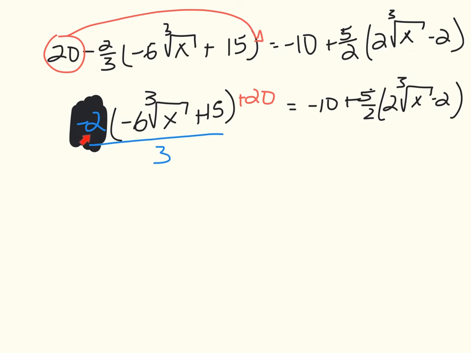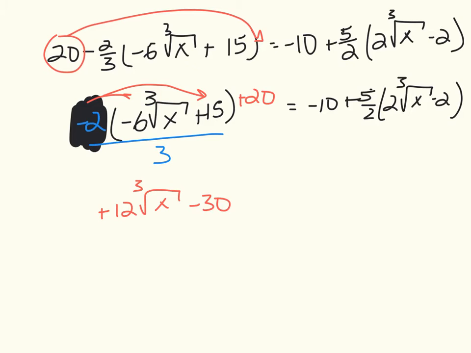And the advantage of using this strategy is that it allows me to distribute the multiply and the divide separately. So I'm going to distribute through that multiply, and I get -2 times -6, which is +12 third roots of x, plus -2 times +15, which is -30.